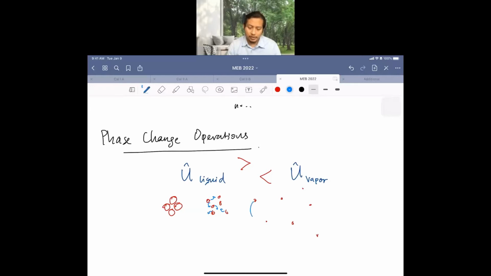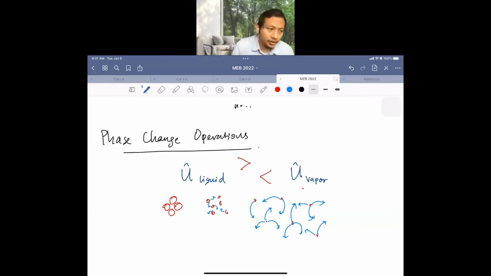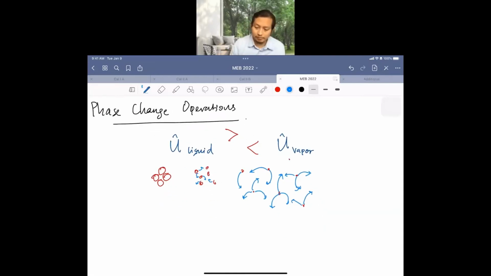But for vapor, it could move really, really high in terms of their randomness, their chaos. The entropy is much higher. You can also argue from that aspect. So we could say it's much more energetic.